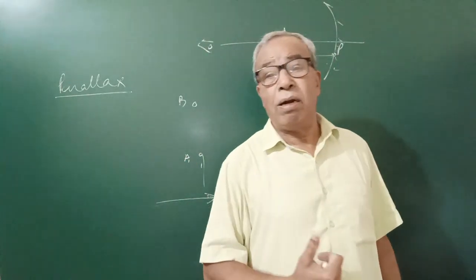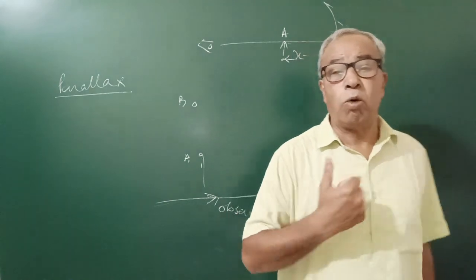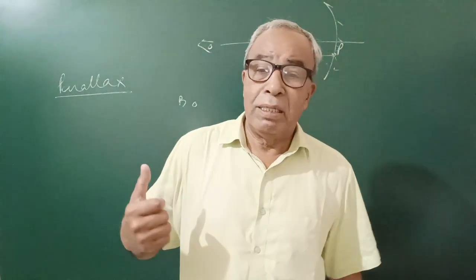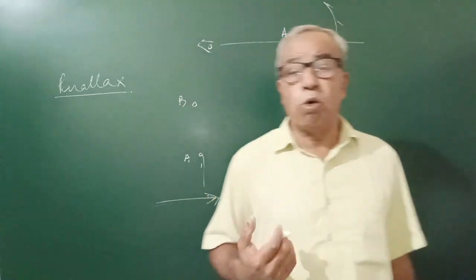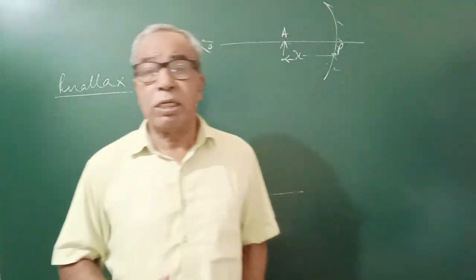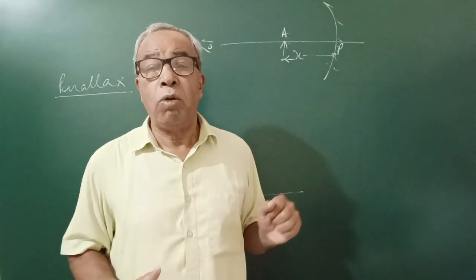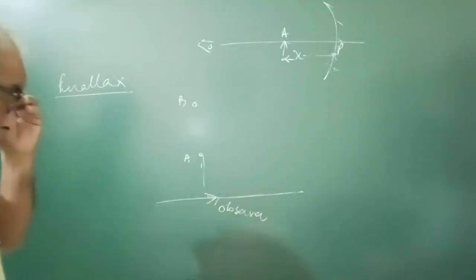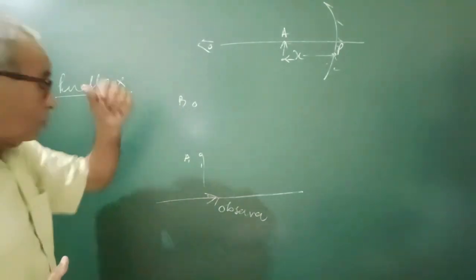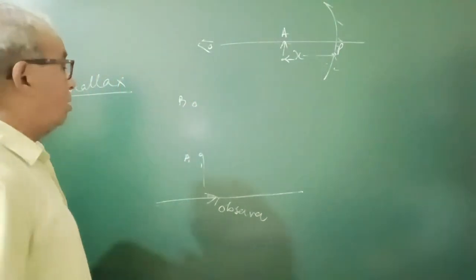When we travel along a state road, then generally there are trees. The trees close to you go backward while the trees away from you move forward. This relative motion between two objects is called parallax.